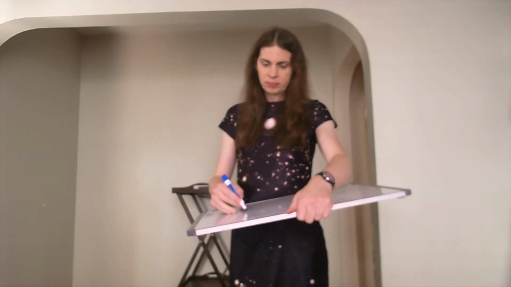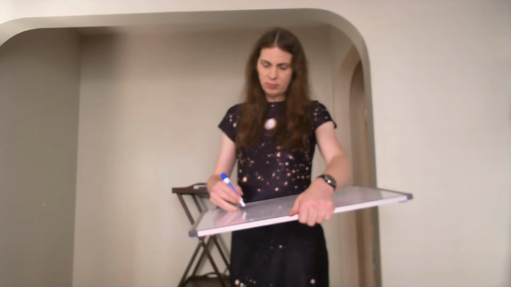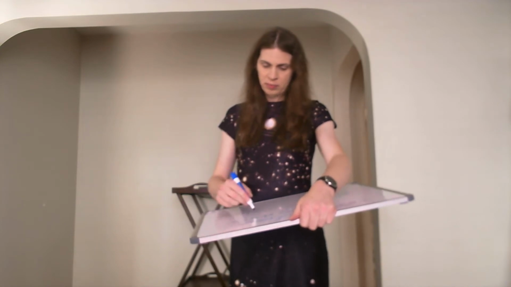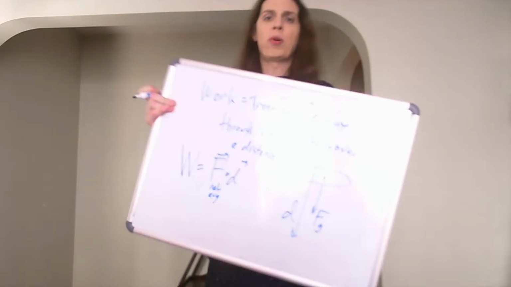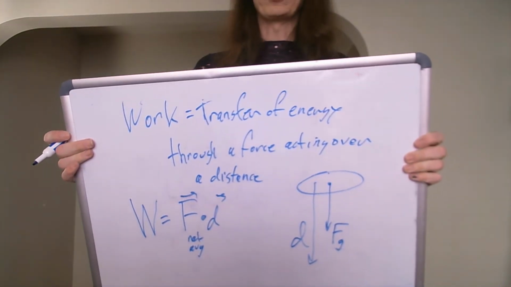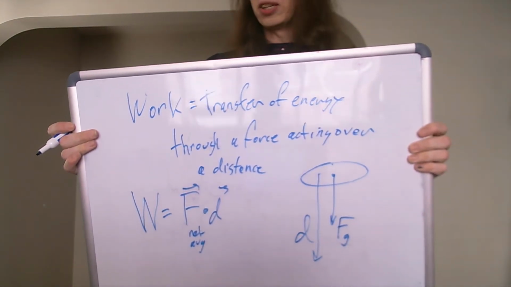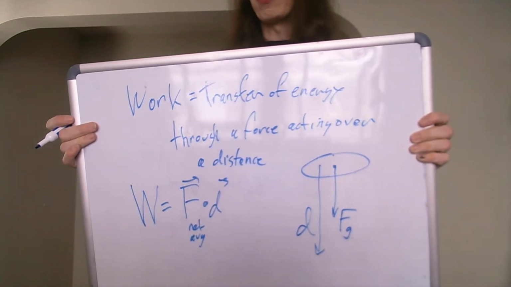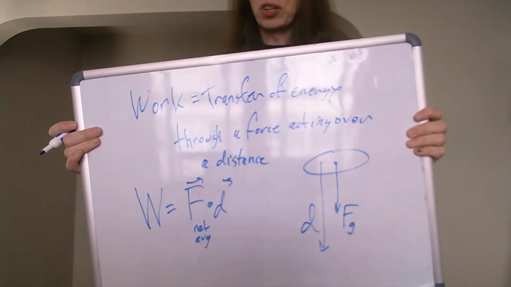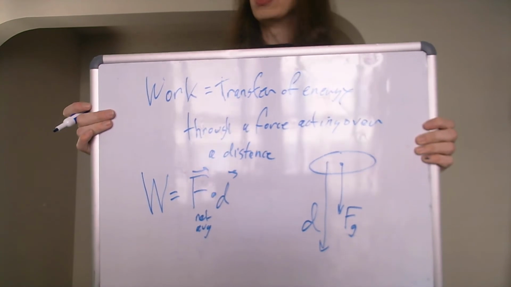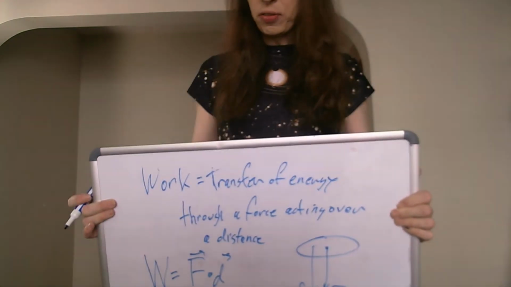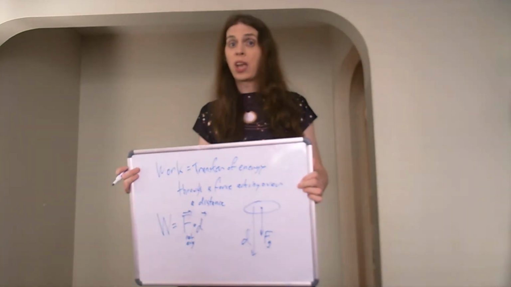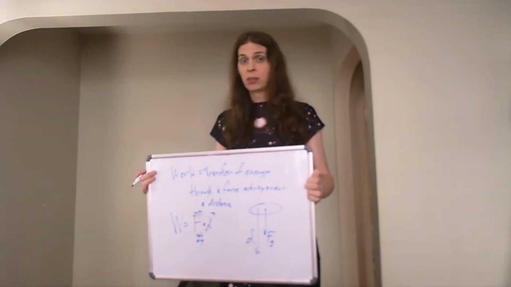When I'm dropping the ball, the force that's being applied to the ball is its weight, the force of gravity. And it's in the same direction as that distance. It gets to do work on the ball, and the result of that was that it changed the ball's speed.